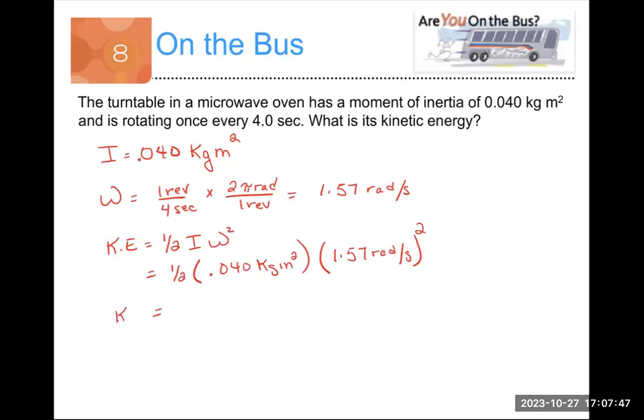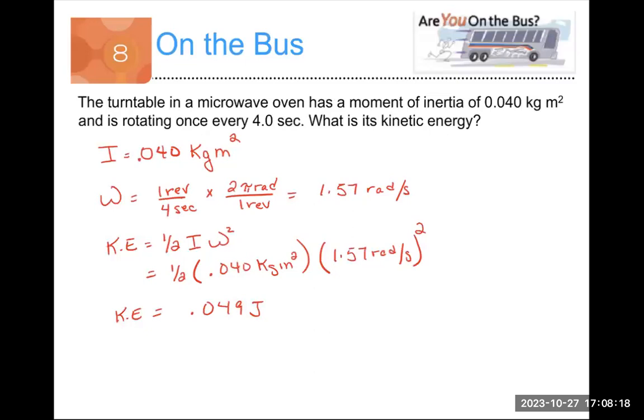So our kinetic energy, when you punch that in, is going to come out to be 0.049 joules. Radians do not go into your final units, okay? So now we're able to calculate our rotational kinetic energy, and we were given our moment of inertia.